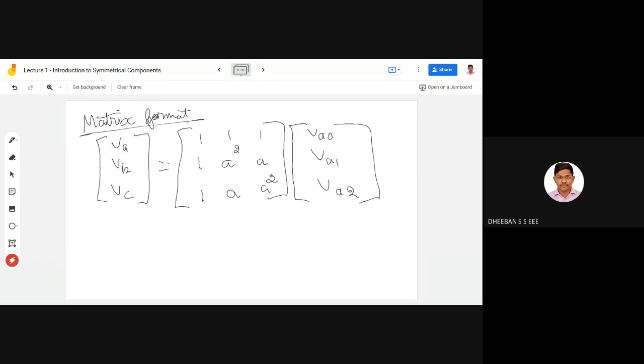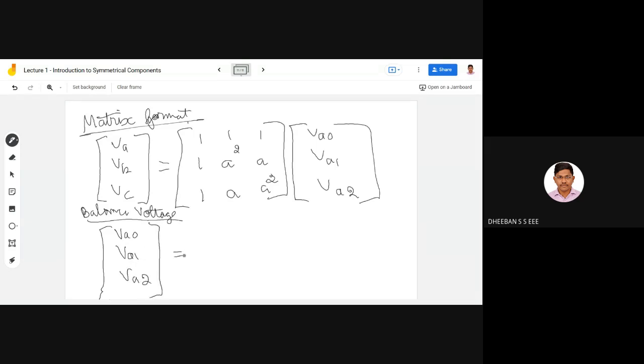Okay, so now the balanced voltages are got by VA0, VA1, VA2.